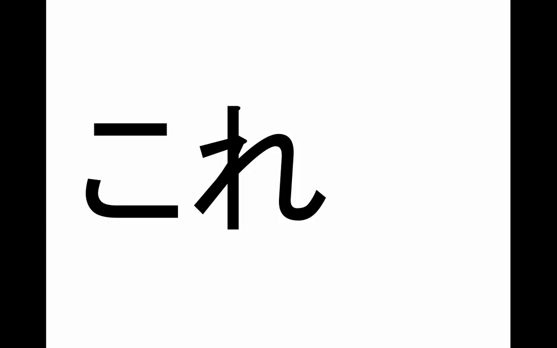So there are multiple sets of sort of pronoun type words in Japanese that start with these syllables. The ko ones are always close to the speaker. The so starting ones are always close to the listener.